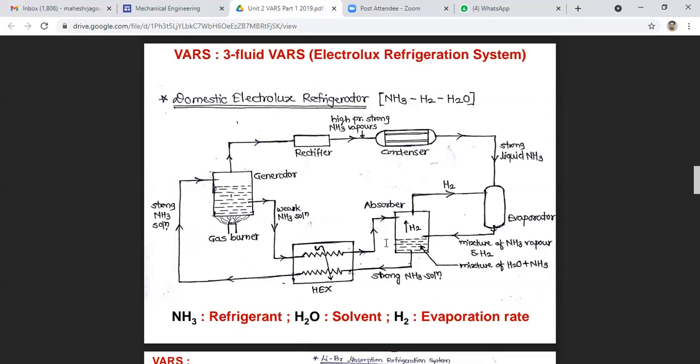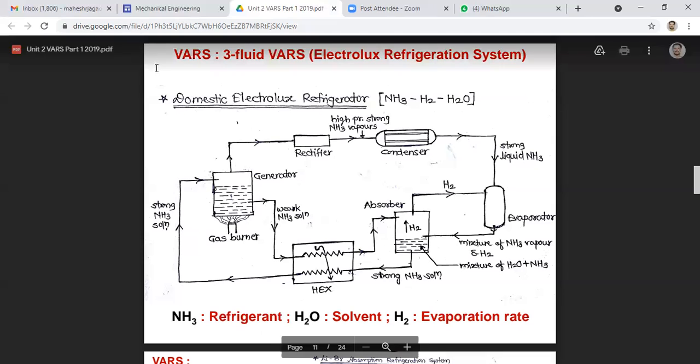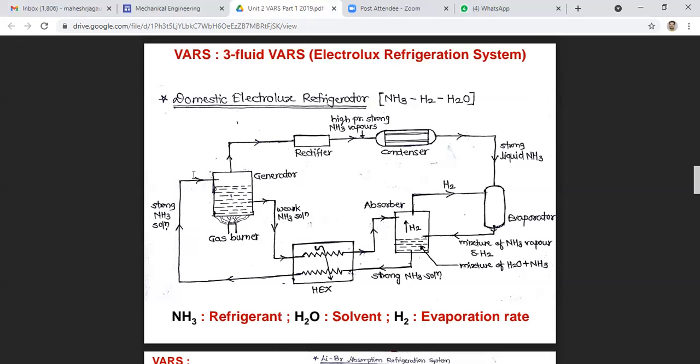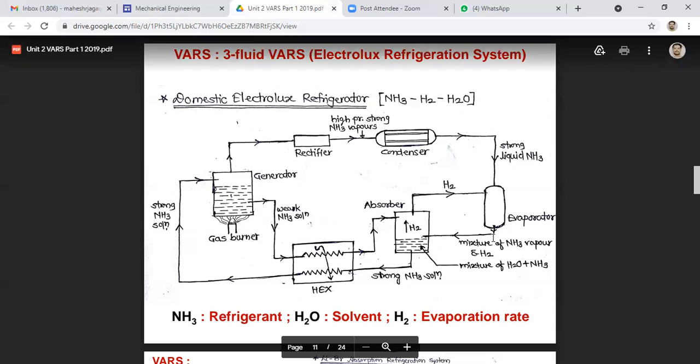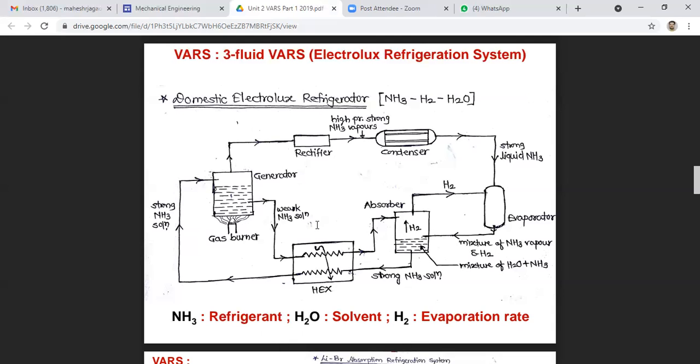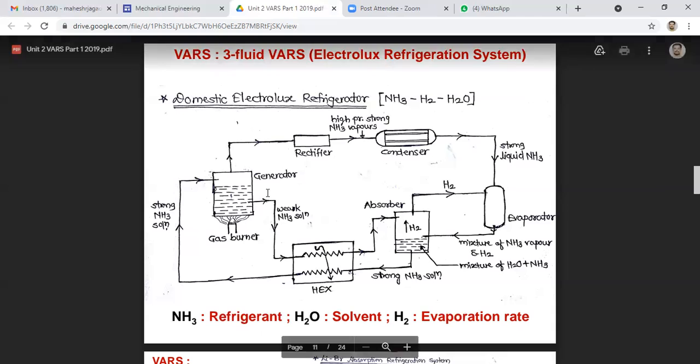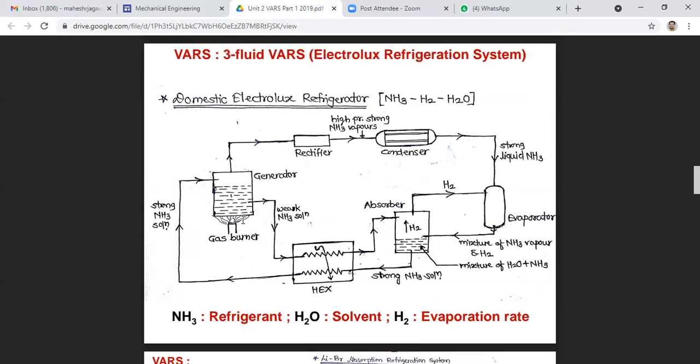Next, we are going to discuss the COP of this system. The COP is the heat absorbed in the evaporator, which is the desirable effect, divided by the desirable input, which is the heat we supply in the generator.